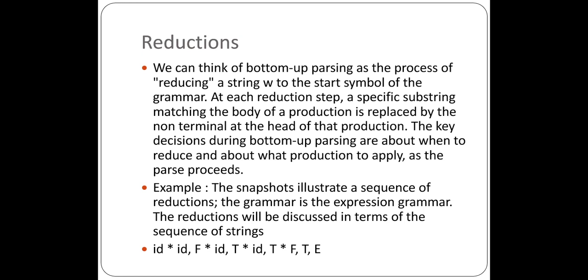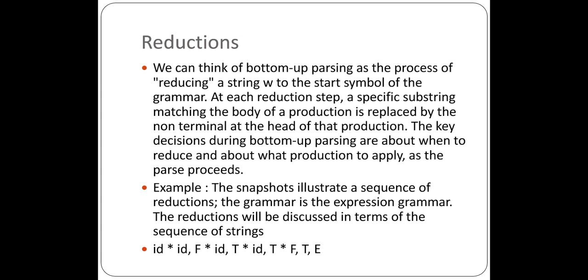In this reducing process, a specific substring will be converted to some non-terminal, or to the start symbol, based on the production that we have and the replacement procedure that we follow.